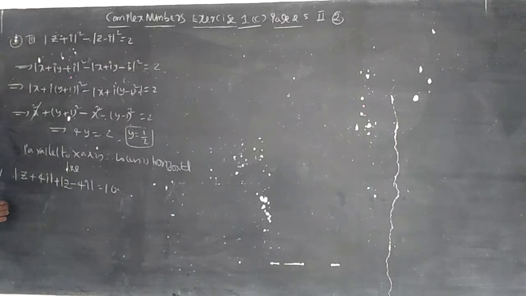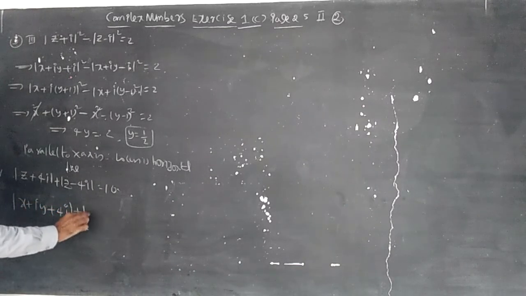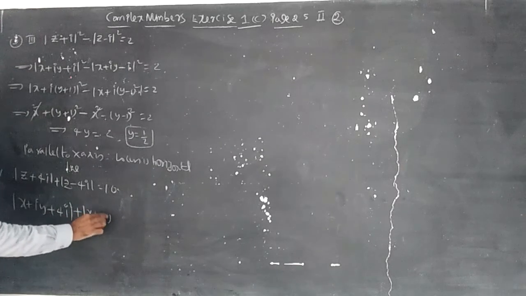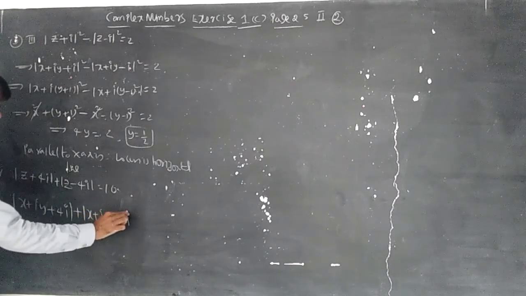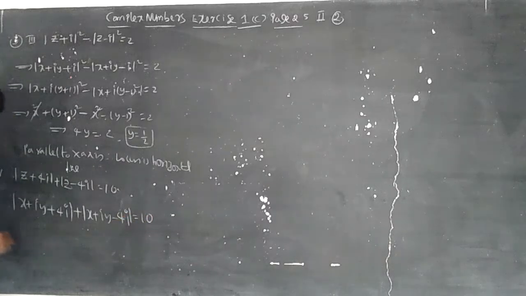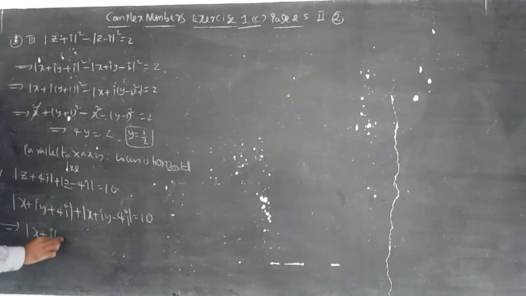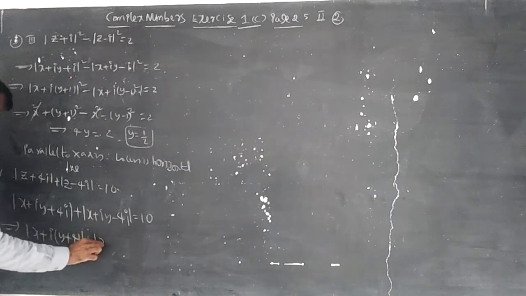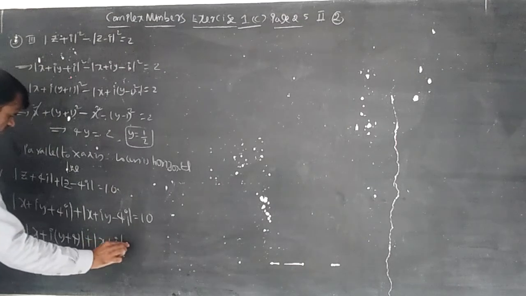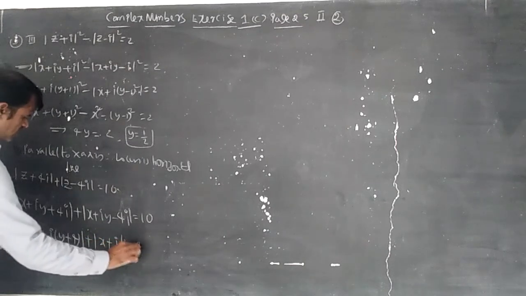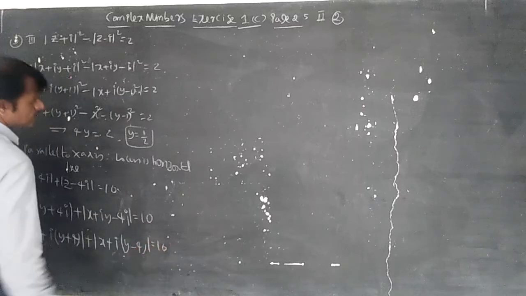Now you should do the sum completely by applying z is equal to x plus iy. Here x plus iy plus 4i, plus x plus iy minus 4i, equal to 10. That implies modulus of x plus i taken common, you can write (y plus 4), modulus, plus modulus of x plus i taken common (y minus 4), that is equal to 10.